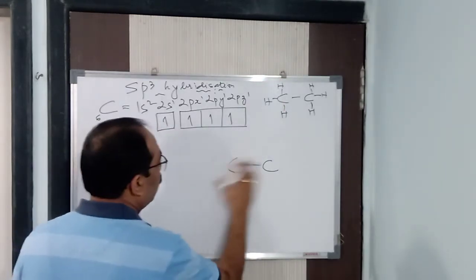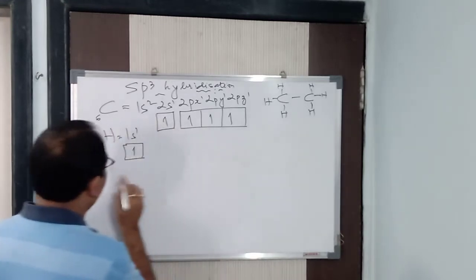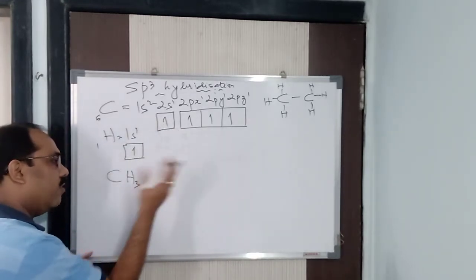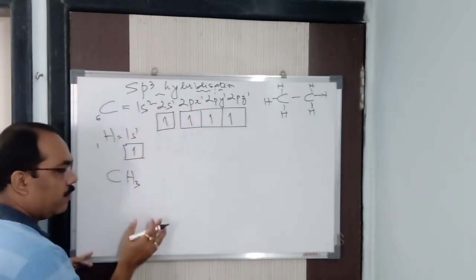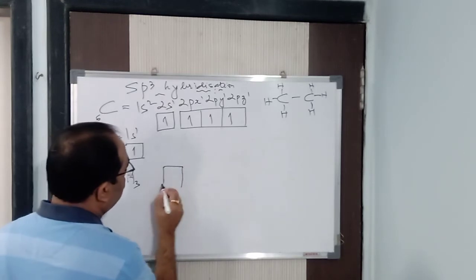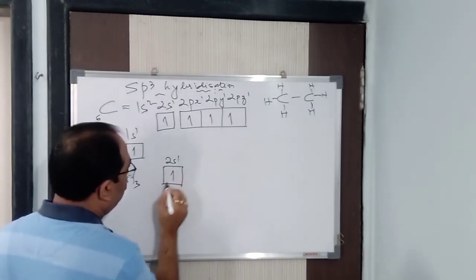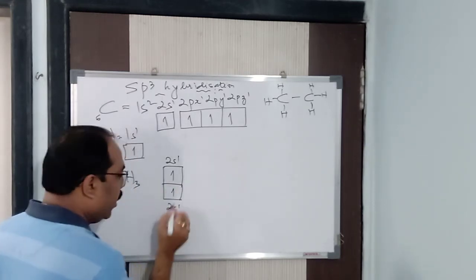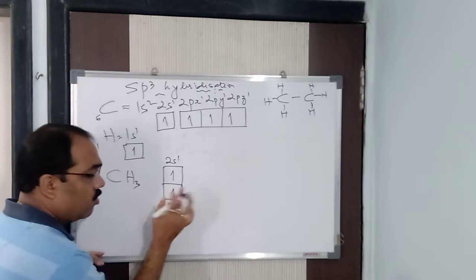I will write it here for one CH3, with whatever the hybridization and the diagram. For the other CH3 it is also the same thing. Here first it is 2s1 and the other is 2s1 electron. You can draw it upward or downward, it's up to you.